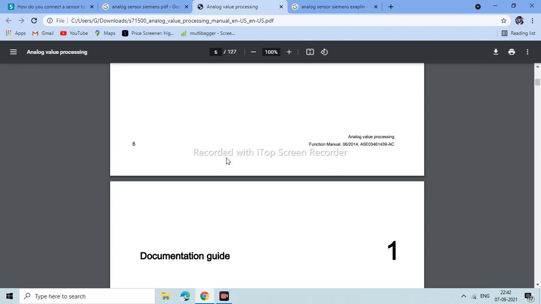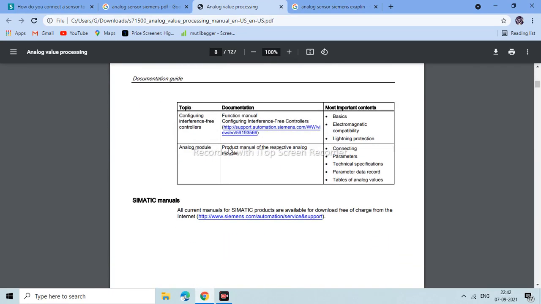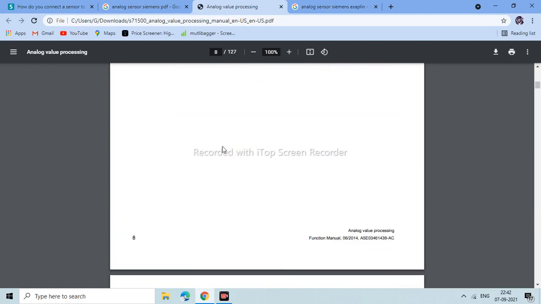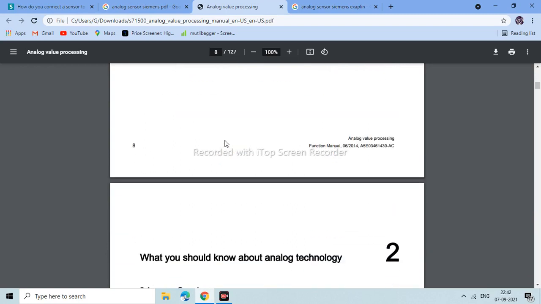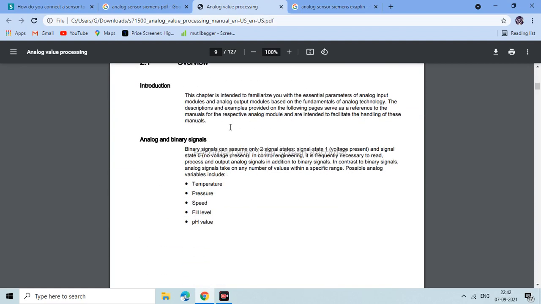These types of inputs are analog. Analog inputs are 4 to 20 milliamps, then 0 to 20 milliamps, but we prefer only 4 to 20 milliamps, and there is one reason behind that.